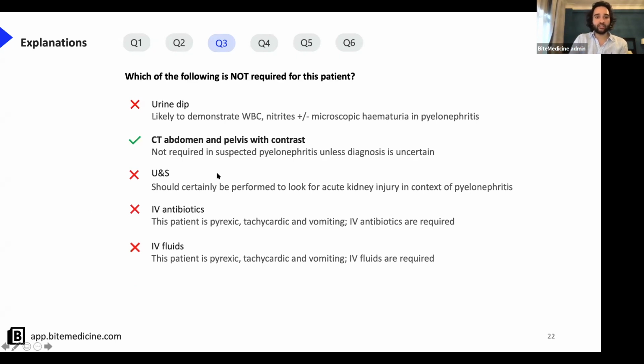So that should say U&Es. But of course, get your urine dip, look for white cells, look for nitrites. You may have a little bit of blood. Get your pregnancy test as well. Get your renal function. Once you're confident this is just a simple pyelonephritis, admit under medics, and of course manage with fluids, antibiotics as per your local guidelines.